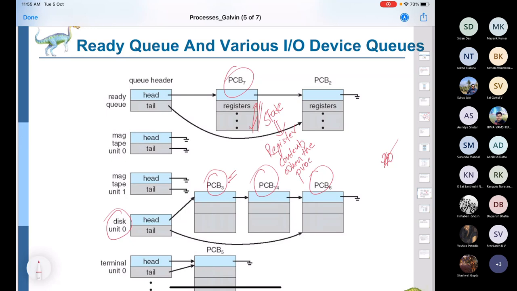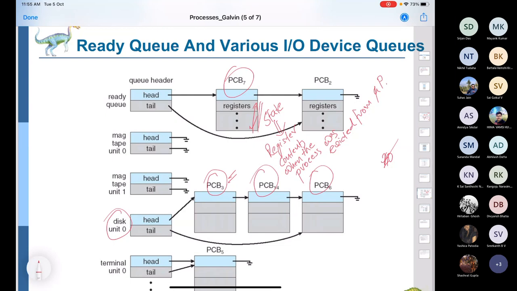Because the process will start from that point. It will not start from the beginning, right?